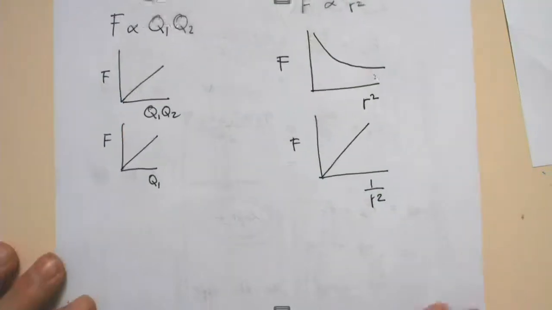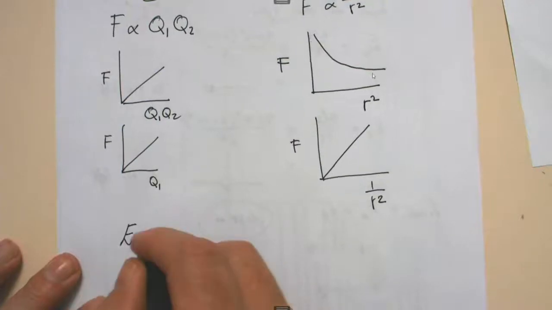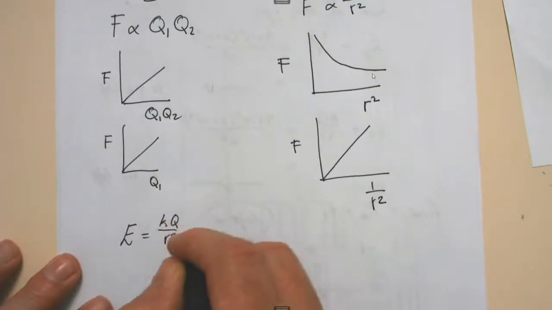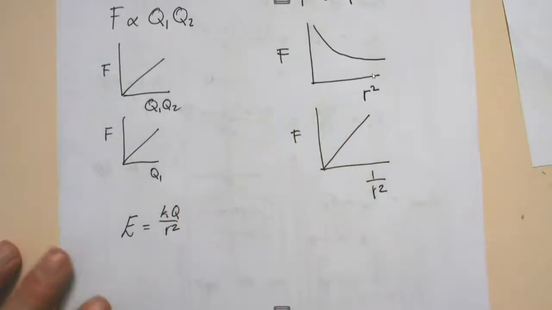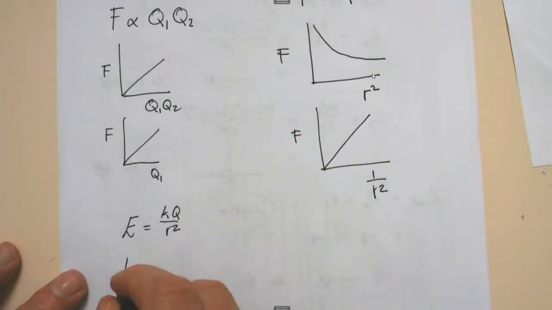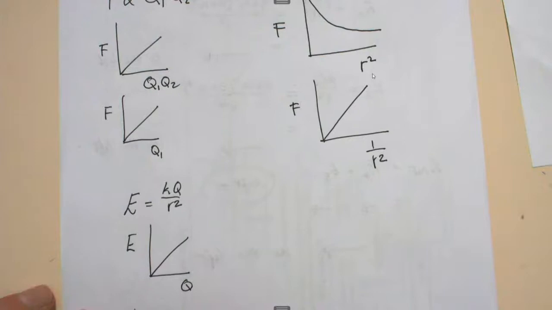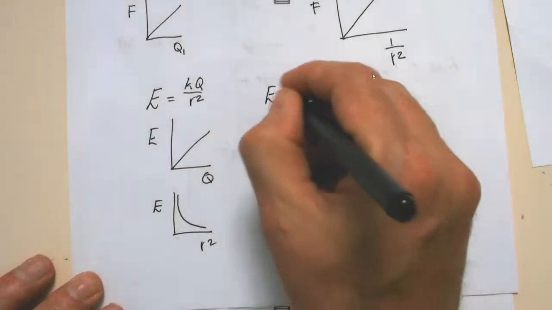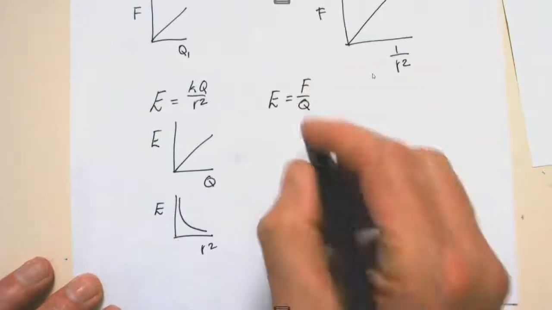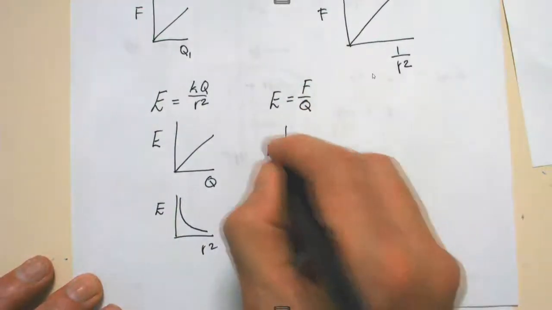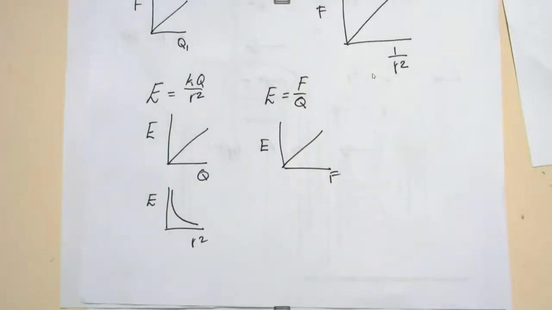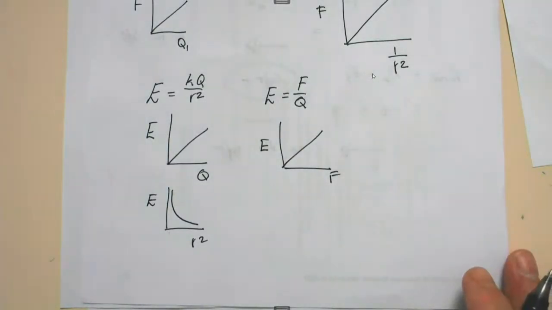Okay, and lastly, if we go to E equals kQ over r squared, you will get the same kind of situation, with E and Q being directly proportional and E and r squared being inversely proportional. And if we look at the other formula, E equals F over Q, then my E will be directly proportional to my F. So there are your graphs that you can expect to look at, which come directly from my formulas.